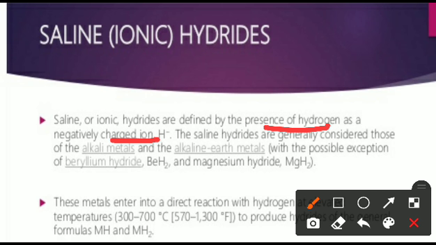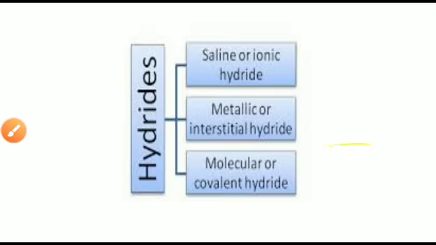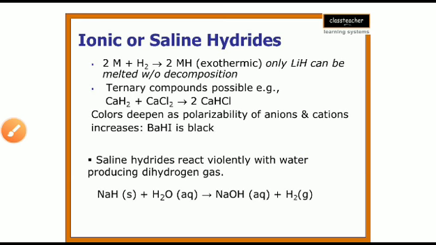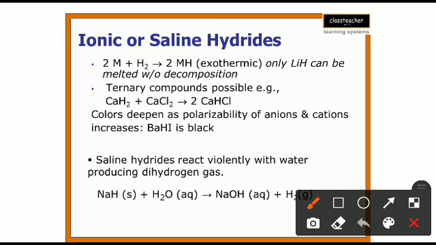These metals enter into a direct reaction with hydrogen at a temperature of 300 to 700 degrees Celsius to produce a hydride of general formula MH or MH2. Here you can see the reactions of some saline hydrides.